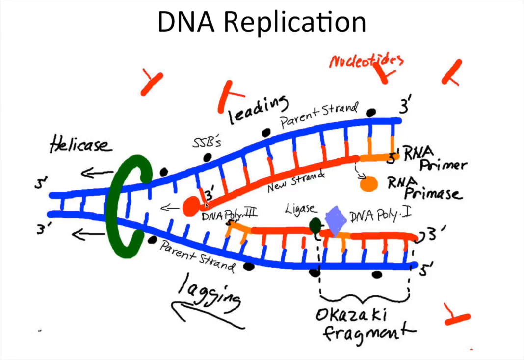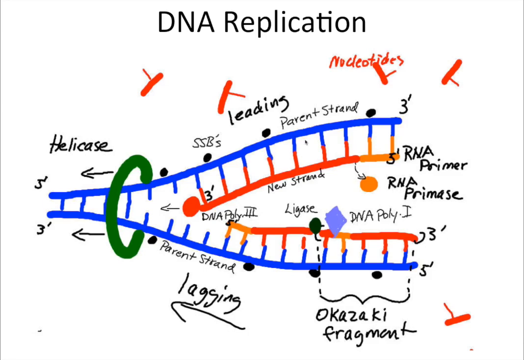And you can see here, right below this top blue one, you have this red colored one. This is actually the new strand. So the blue one is the parent strand, the red one's the new strand. And the same thing on the bottom here, we have the parent strand, and then the new strand that's being synthesized. There's a lot of different things you could learn about this, talking about Okazaki fragments, and you've probably heard of these to some extent.